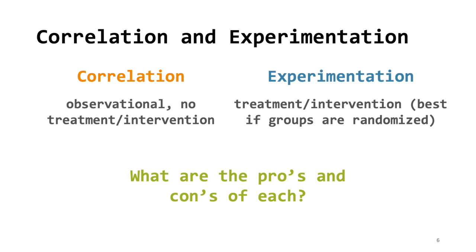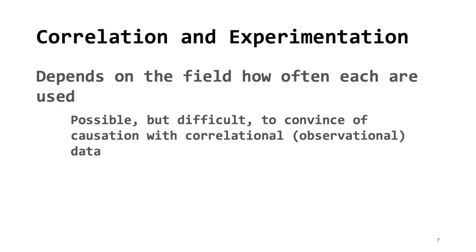It's far more controlled. The problem with that is it may not generalize to a lot of real life situations because it's so controlled. So both are very useful. Depending on your research question, it helps you determine which one is the most useful for your situation. It also depends on the field how often each are used.